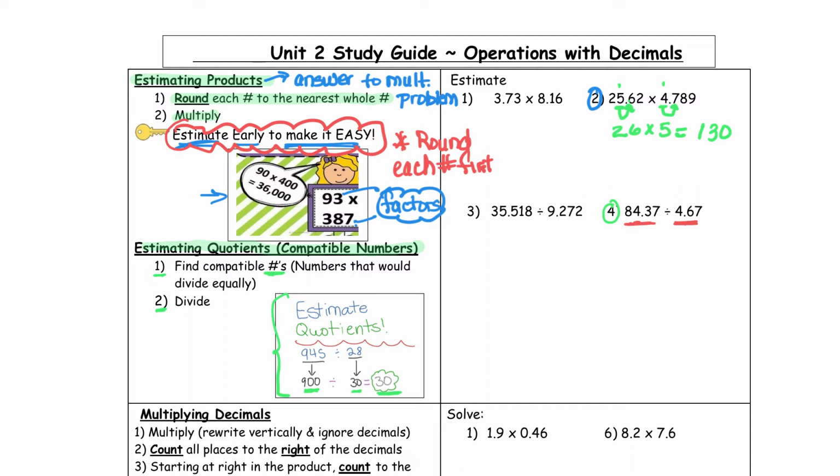Well, I like to look at the smaller number first, and I see 4 and 67 hundredths rounds to about 5, and then I notice 84 and 37 hundredths, I could round that to about 85. And then you could go ahead and do the division, and you would get an answer of 17, and you could put that in your calculator just to check.